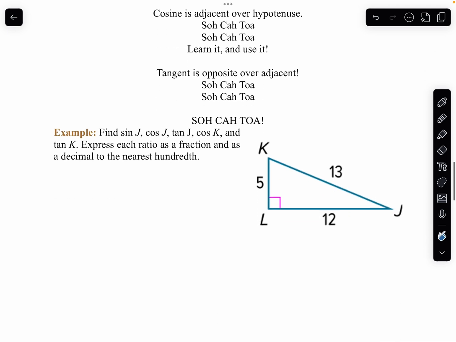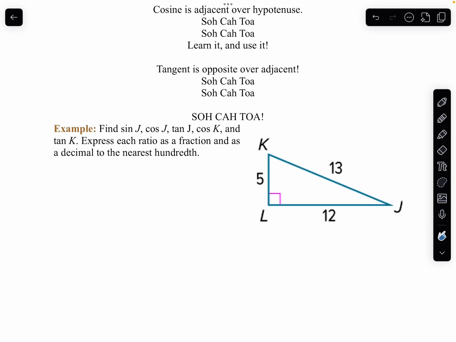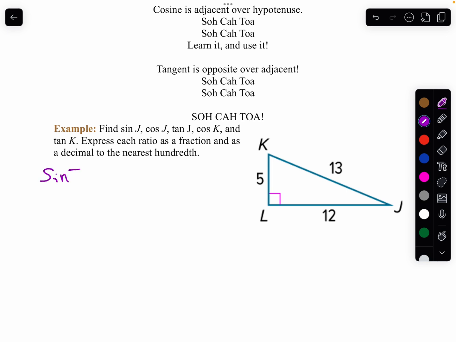Now, let's apply that to a couple problems here. First, we're just going to write our ratios. So I want to look at the sine of angle J. I want to write it as a fraction and as a decimal rounded to the nearest hundredth. Sine is opposite over hypotenuse.